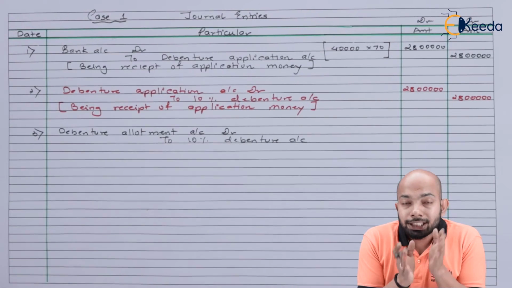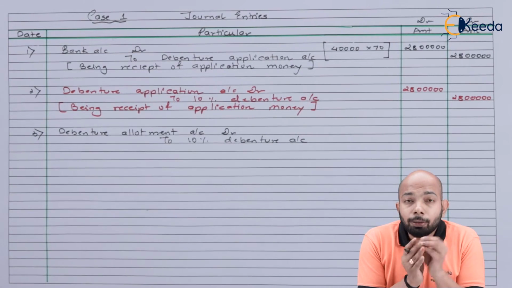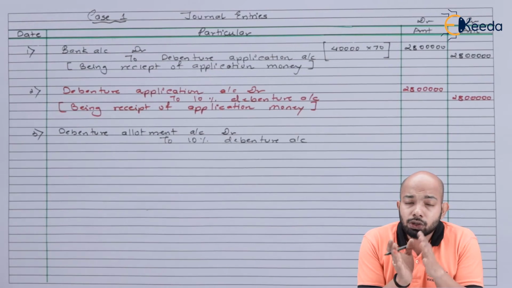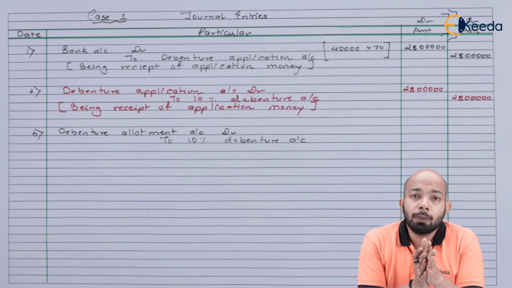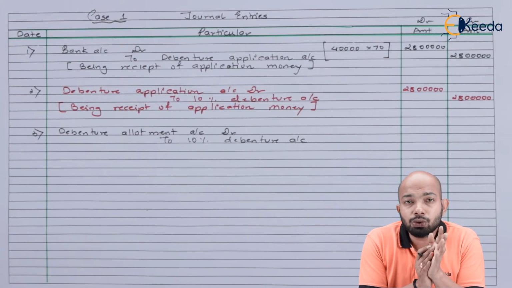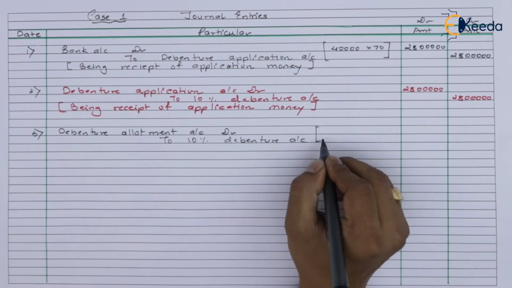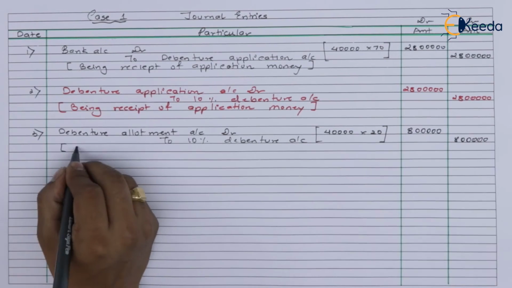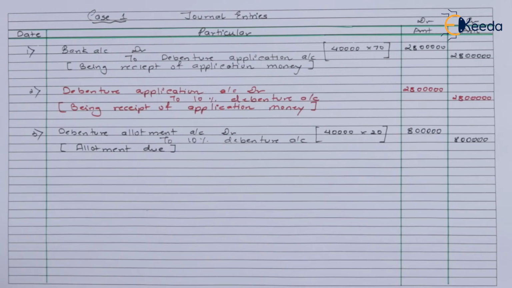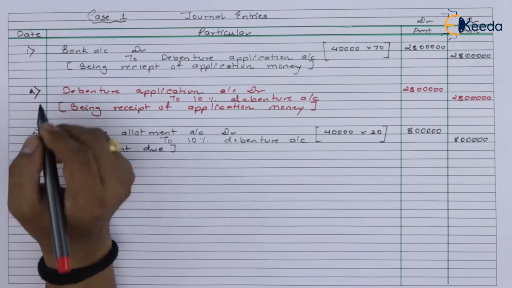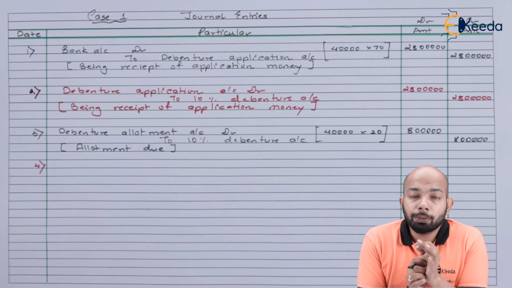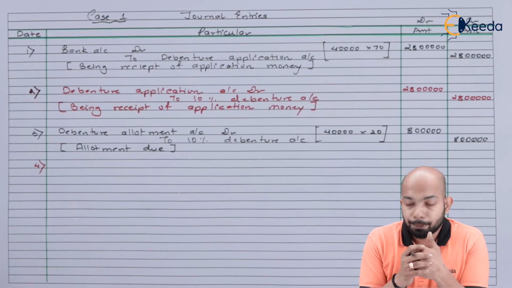These people are taking allotment money of rupees 20 here. So let's mention that 40,000 multiplied by 20 will be the expected amount of allotment that we're supposed to receive. Now, the next entry will refer to receipt of allotment money. So let's pass that entry now.